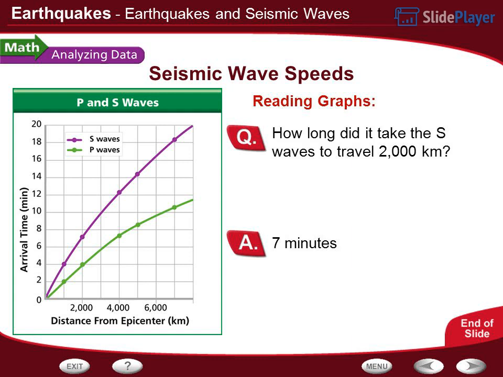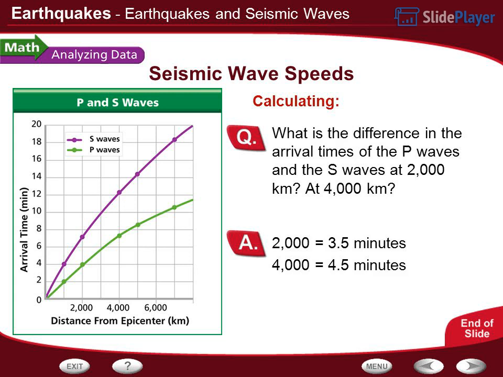How long did it take the S waves to travel 2,000 kilometers? 7 minutes. How long did it take the P waves to travel 2,000 kilometers? 4 minutes.